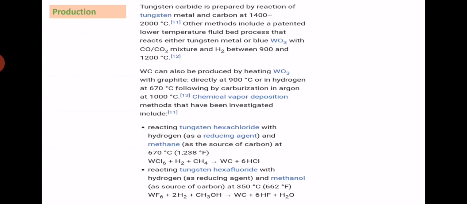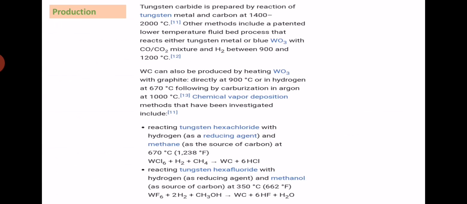Next, tungsten carbide can also be produced by heating tungsten oxide with graphite directly at 900 degrees Celsius, or in hydrogen at 670 degrees Celsius, followed by carburization in argon at 1000 degrees Celsius. Chemical vapor deposition methods we also have to investigate.